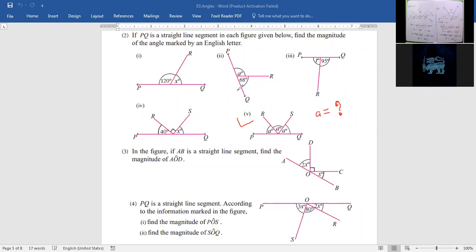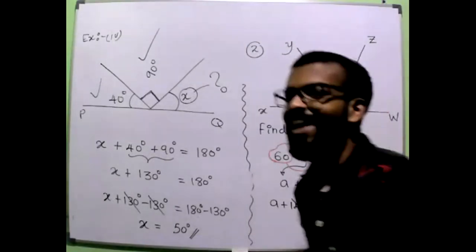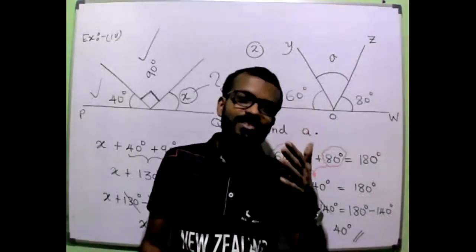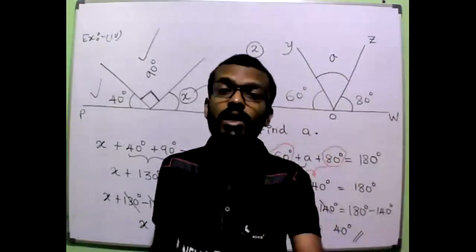So it will be a great disadvantage in the exam, right? Most of you know how to get the answer, but you do not know how to present it mathematically.